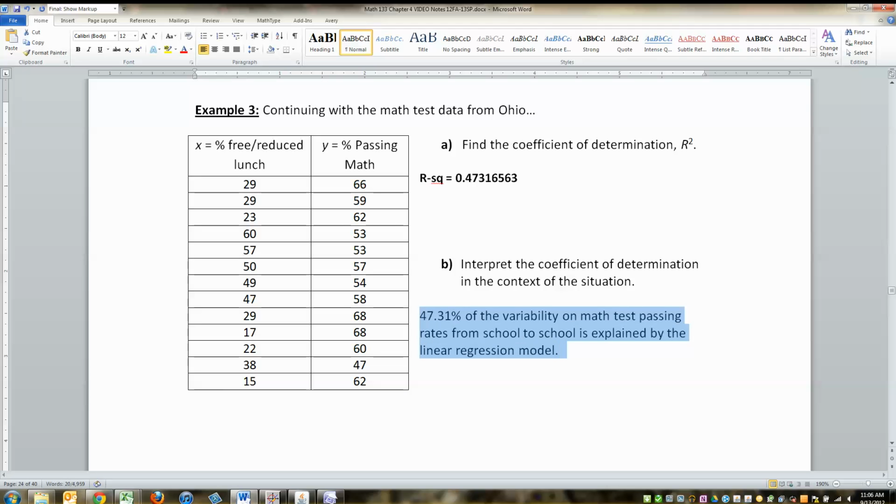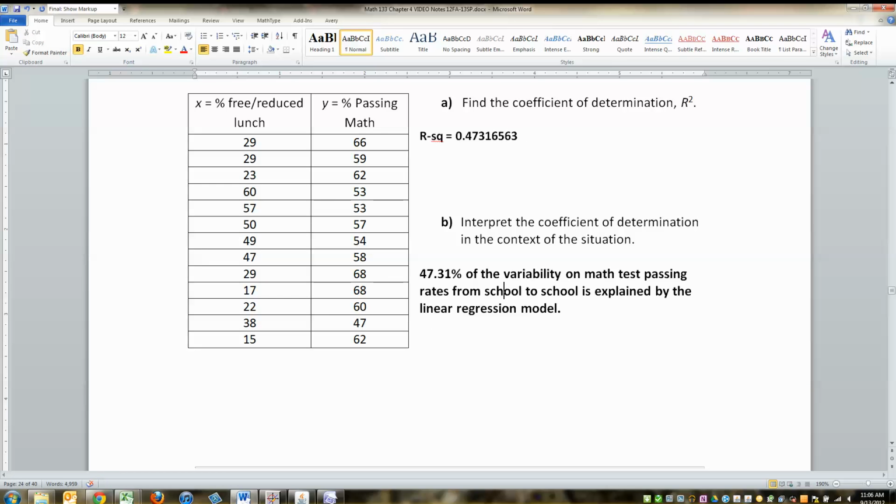And that means like 50-some% of it is unexplained by this model, right? It could be happening for reasons that are well known, but it's not accounted for by this model.